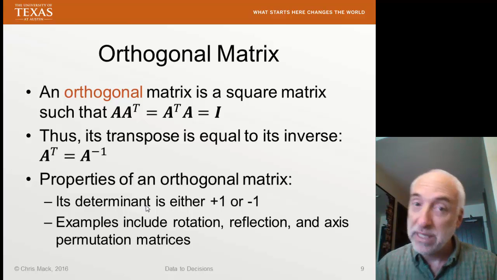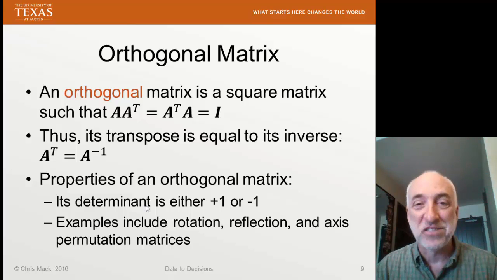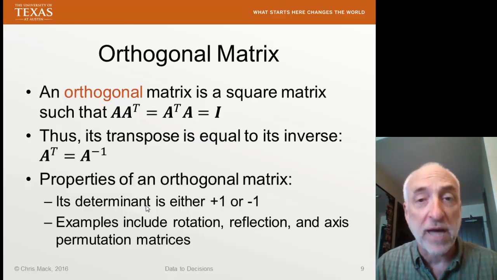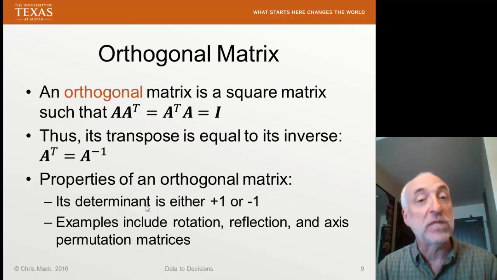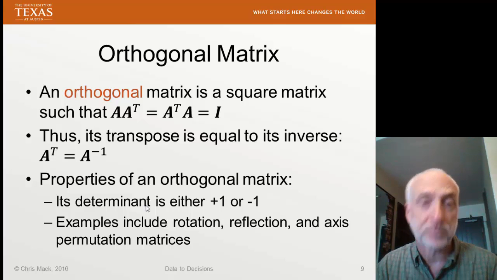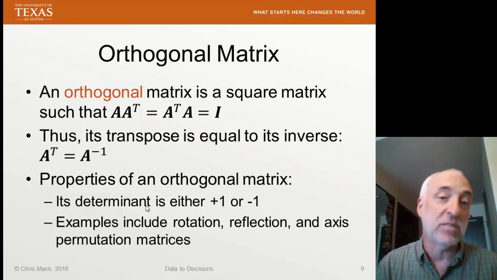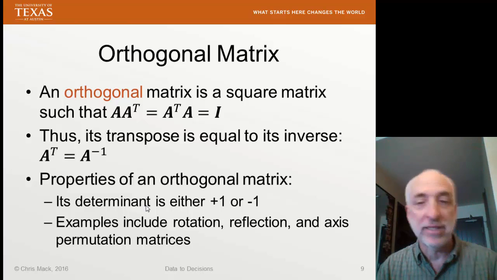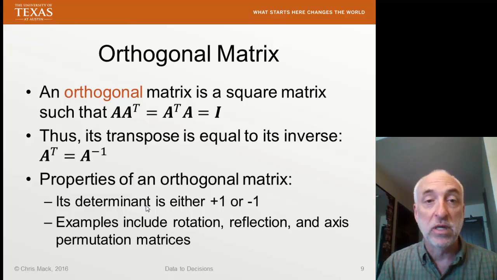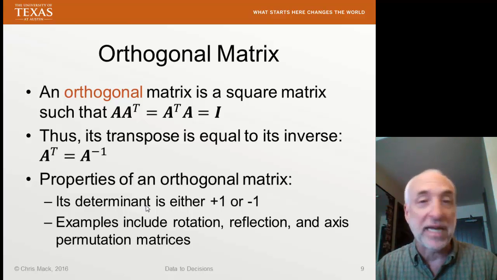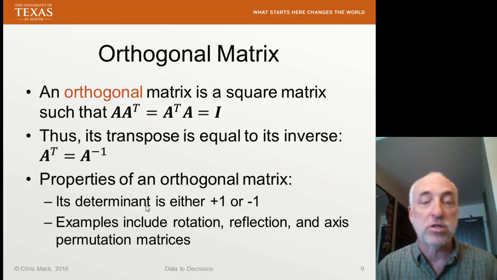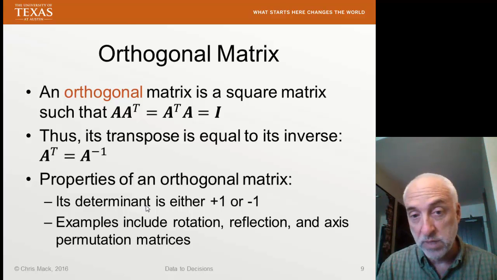Well, since this is the definition of an inverse, this means that for an orthogonal matrix, its transpose equals its inverse. Now, this can only happen if the determinant is either +1 or -1. That doesn't mean that every matrix whose determinant is +1 or -1 is an orthogonal matrix, but you cannot be an orthogonal matrix unless your determinant is either +1 or -1.